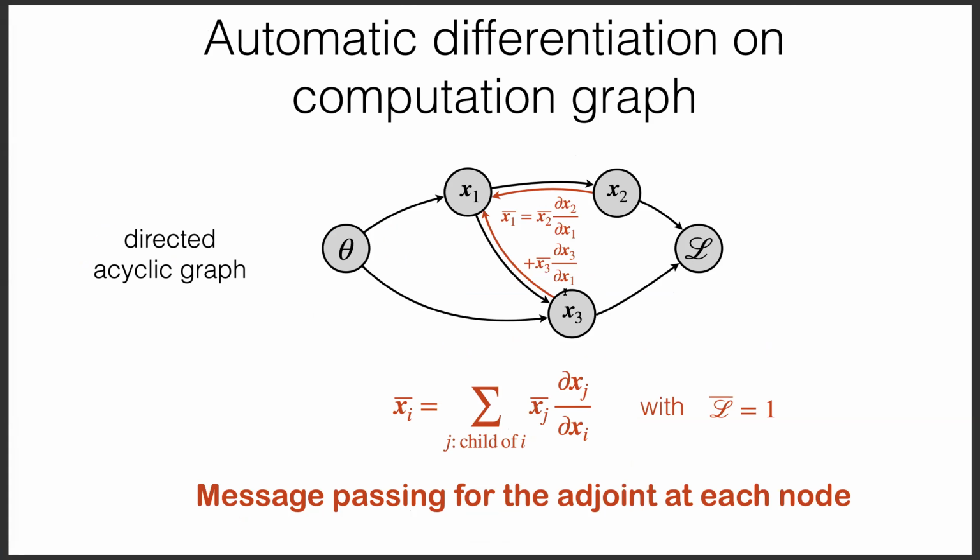You just need to think locally about the process. Each node collects information from its children, gets its own adjoint, and sends that information back to its parents. That's it. It's a message passing procedure on a general computation graph, and with this approach you can compute the gradient of a general computer program.